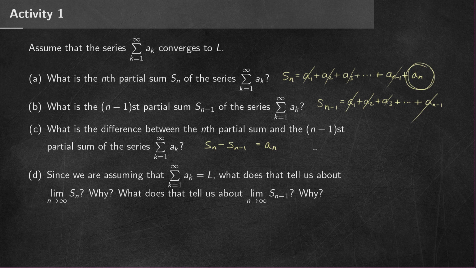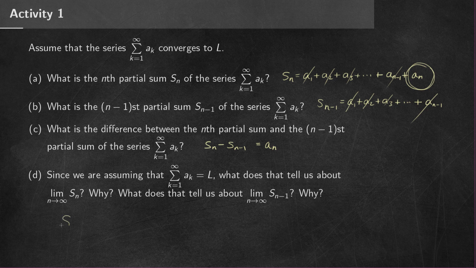Since we're assuming that the sum of the series is L, what does that tell us about the limit as n approaches infinity of s sub n? What does that tell us about the limit as n approaches infinity of s sub n minus 1? Well, s sub n is the nth partial sum. We're taking the limit as n approaches infinity.